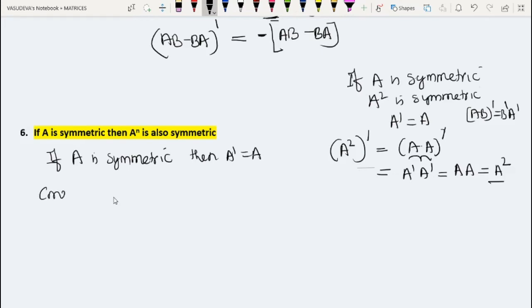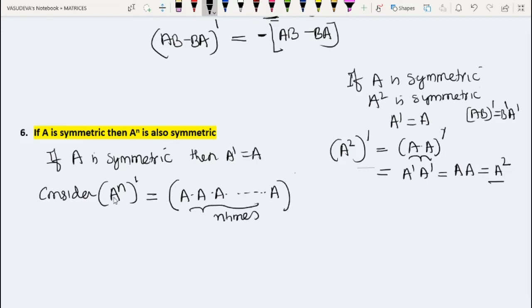Now consider A power n whole dash. This can be written as A into A into A into A etc., A multiplied n times, whole dash. So again by the extension of this property, AB whole dash is equal to B dash into A dash, you can extend this property: ABC whole dash is C dash into B dash into A dash.